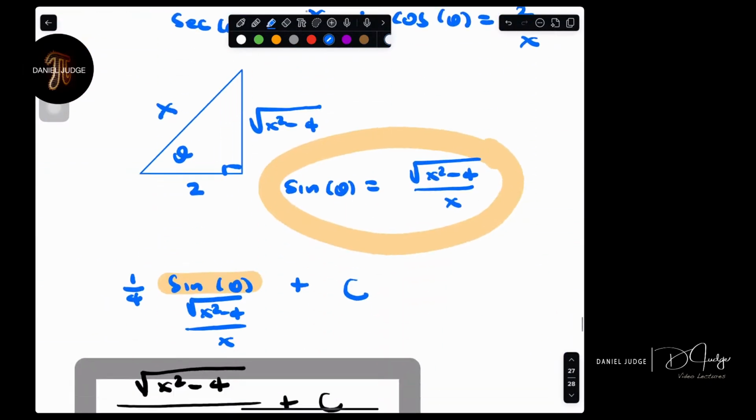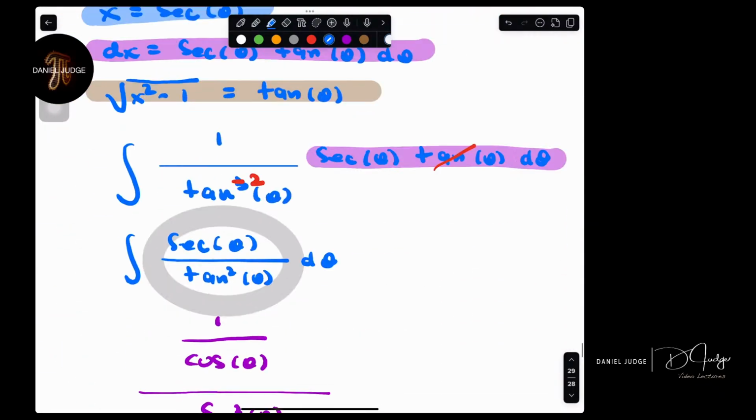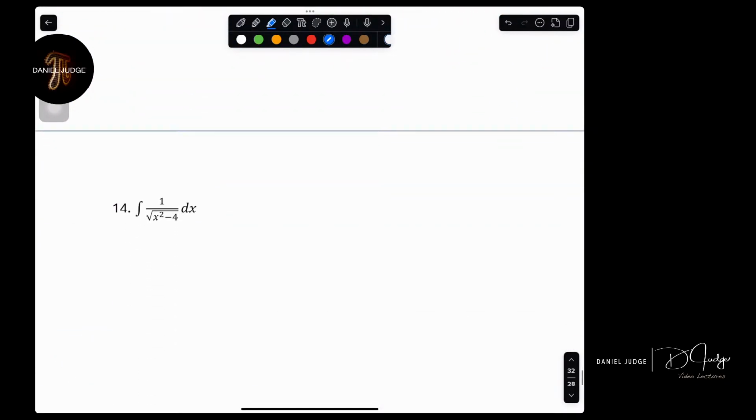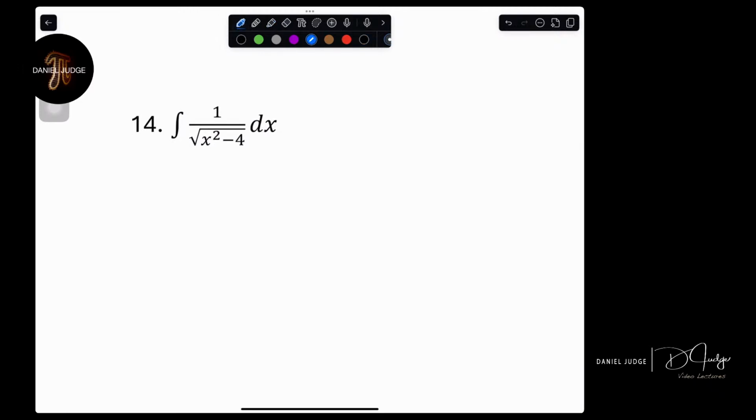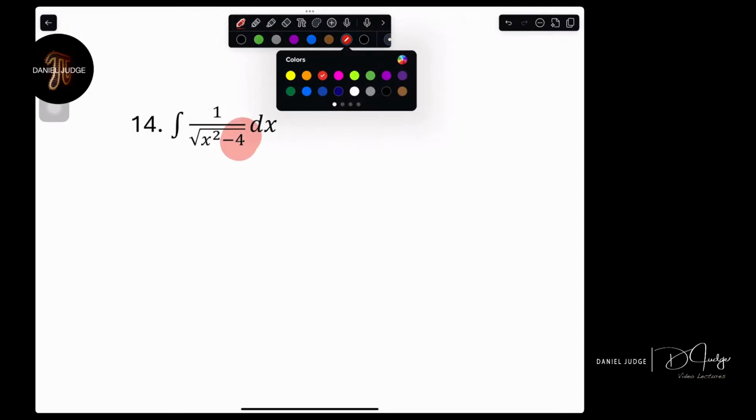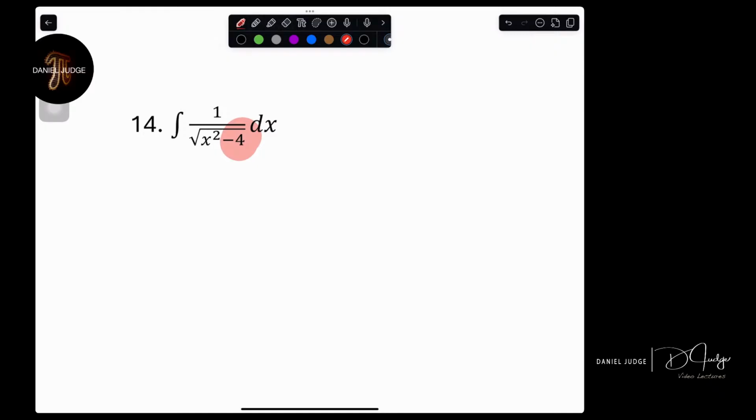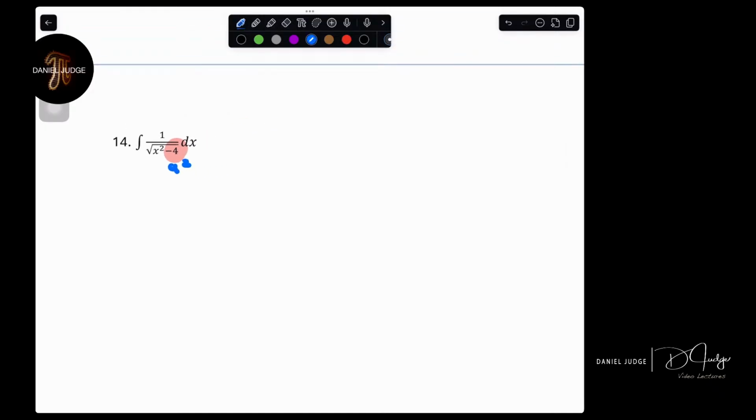All right. Here we go. We notice we do have a radical, and this is my a squared value. A squared is 4.